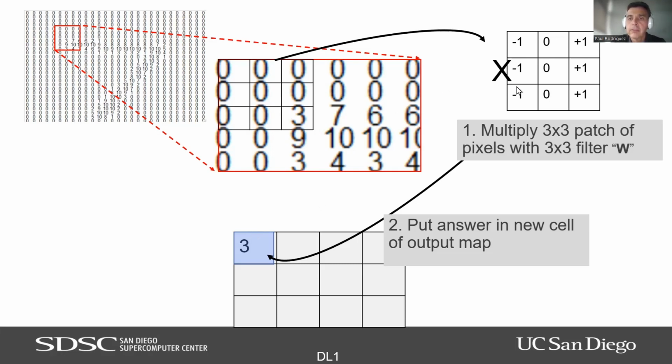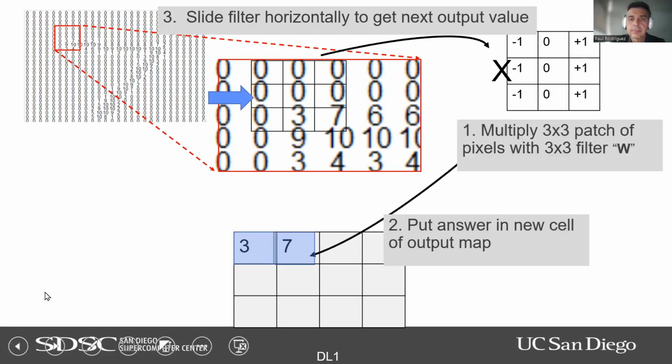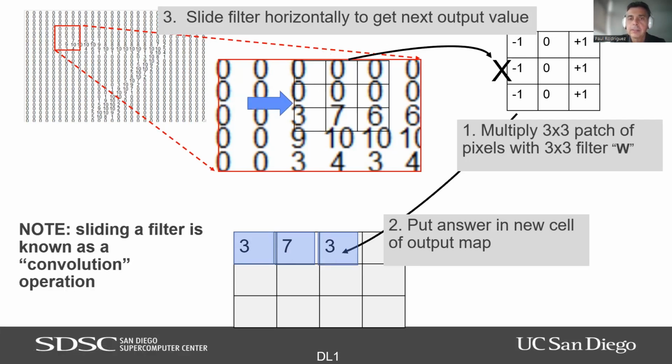I'm going to take this filter and slide it over 1 pixel. So let me go to the next slide. All right. This is the result of image patch times my filter. I'm going to slide my filter and perform the same convolution calculation, and write the answer into the next output cell. And I'm going to repeat this process again. I slide my filter, and now I have all zeros on the first 2 rows, 3, 7, 6 on the last row, which produces a -3, 0, and a +6, and my final output is a 3.